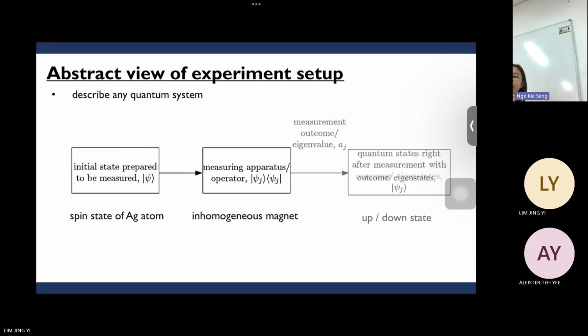For example, it can be a selector or a flipper. A selector sorts out the spin states, so a spin-up selector will only sort out the spin-up atoms, and a flipper just reverses the direction of the spin states.